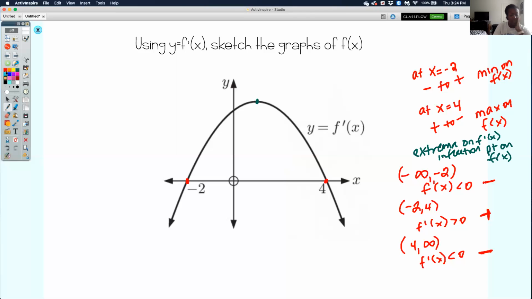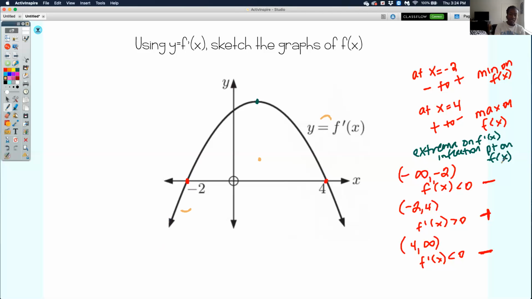So I'm going to draw this with a different color, okay? I should have a minimum at -2. I should have a maximum at +4. And at that point between them, I should change from being one direction to the other direction when it comes to concavity. So again, I'm below the x-axis from -infinity to -2.